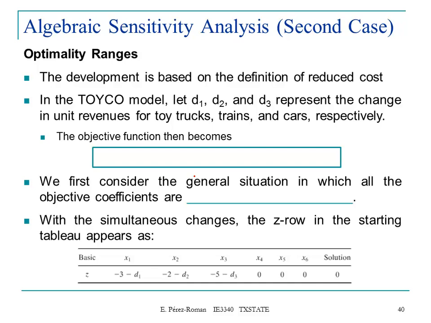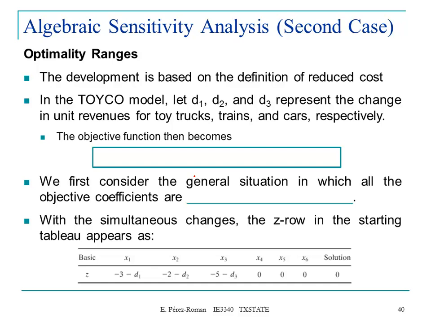That development is based on the definition of the reduced cost. So in the Toyco model, let D1, D2, and D3 represent the change in unit revenue for toy trucks, trains, and cars. Then the objective function becomes the following.